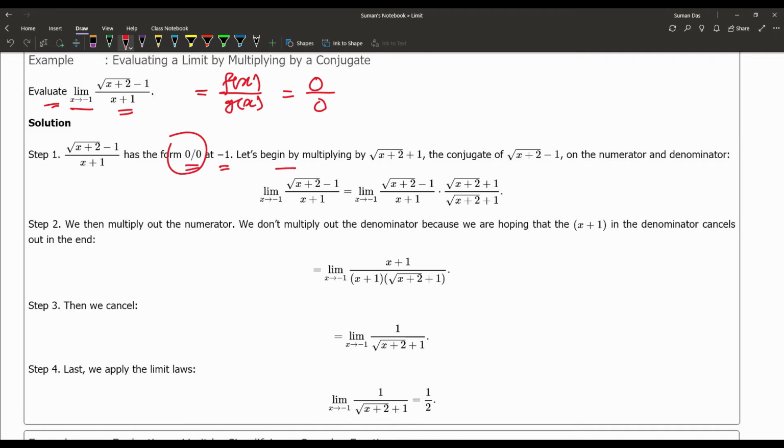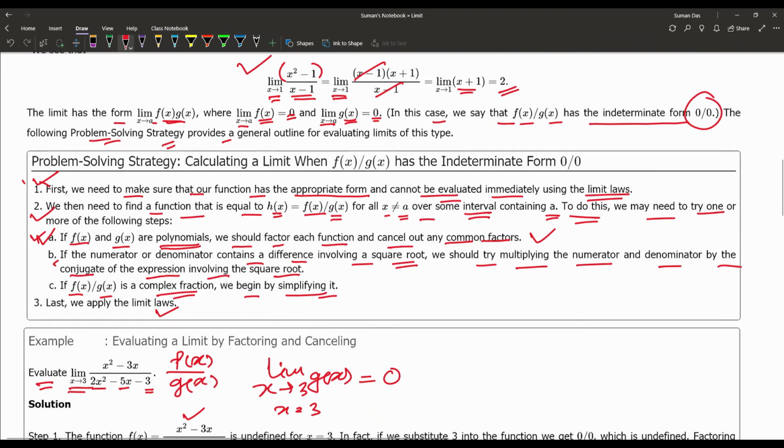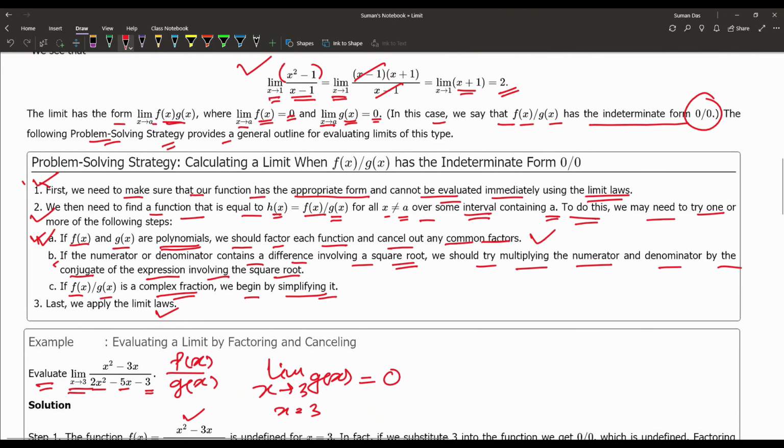So let's begin by multiplying by the square root of x plus 2 plus 1. That is, if the numerator or the denominator contains a difference involving a square root, we should try multiplying the numerator and denominator by the conjugate of the expression involving the square root.